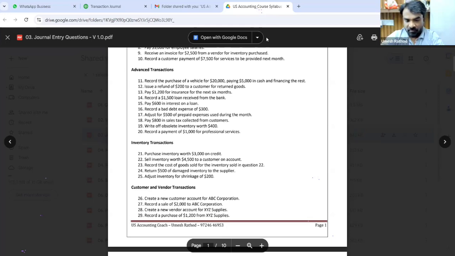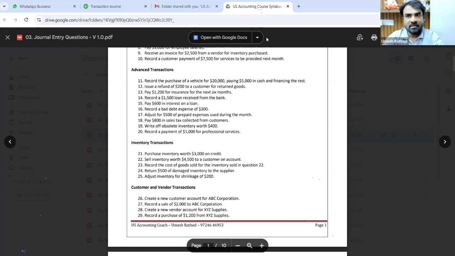Chalo. Pay 800 in sales tax collected from the customers. So when you record a sales transaction and sales tax is included in that, what is the transaction? AR debit, sales account credit, and sales tax account credit.